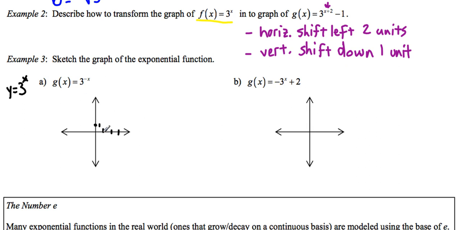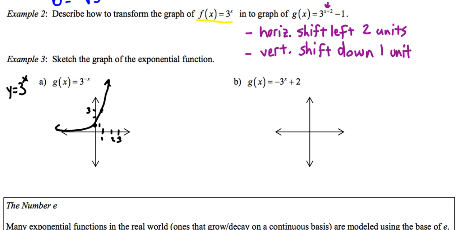Let's switch the x and the y around. That makes more sense. Okay, so this is 3, this is 1. So we've got 2 points: our y-intercept of 1 and the point 1, 3. Then we can sketch from there. It's got a sharp increase rate of change.